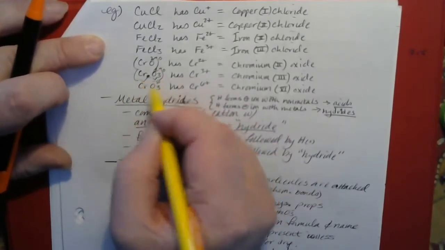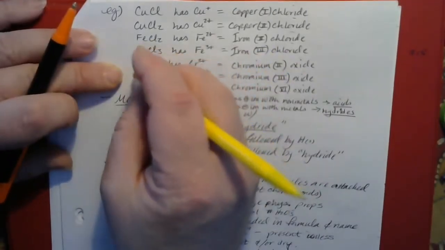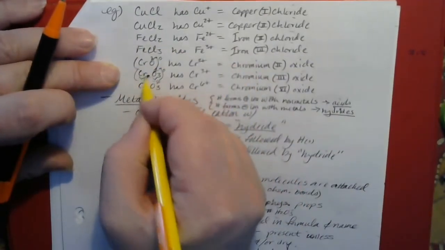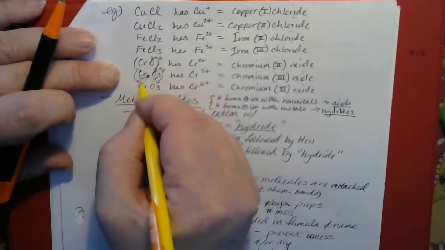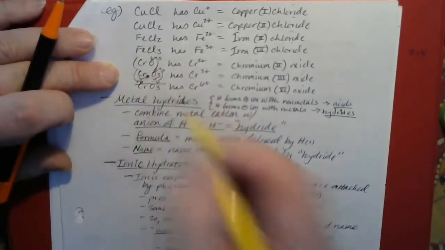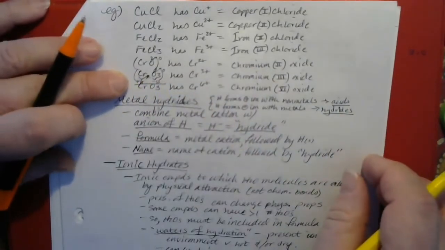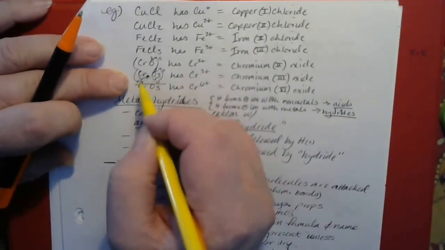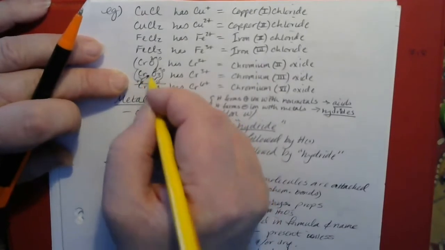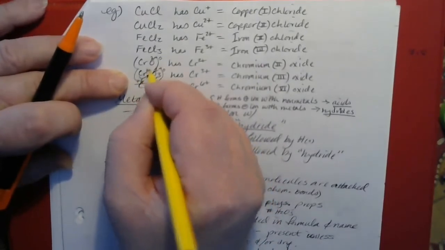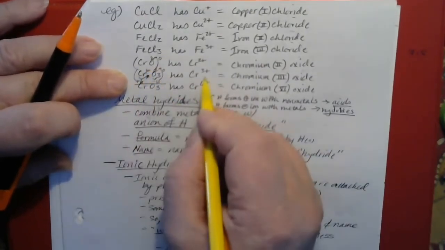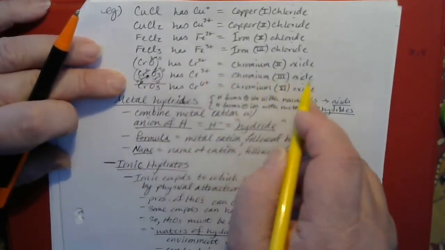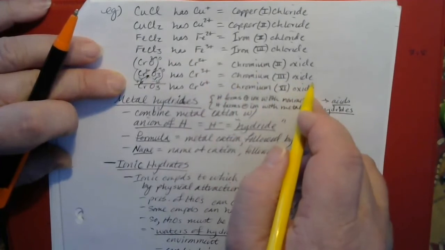In order to bring that total charge back up to 0 for the overall compound, the chromiums must have a collective charge of +6. But there are 2 of them, and they share that +6 charge equally. So each chromium must be +3. And that would be called chromium 3 oxide.